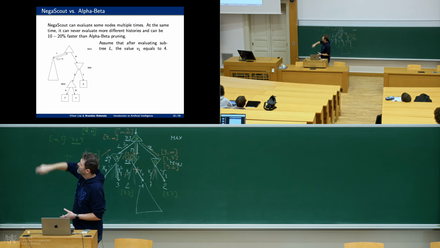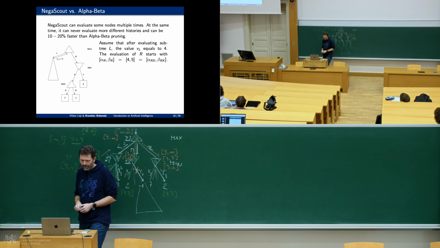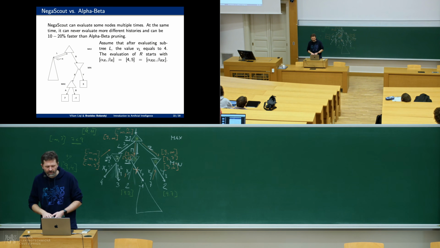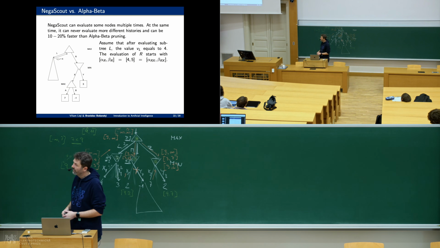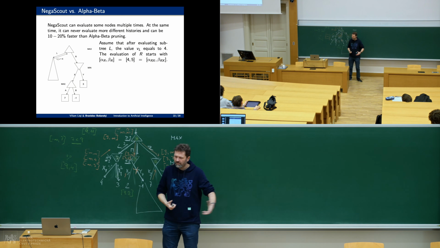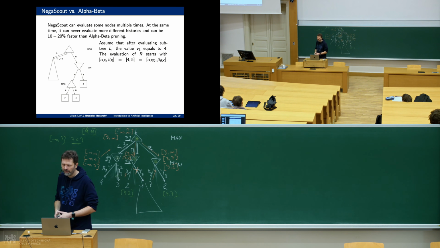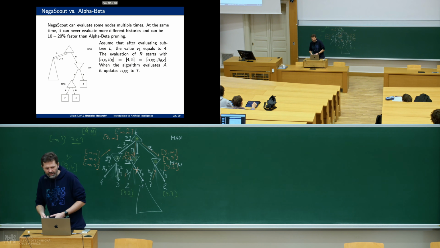So for the subsequent call for evaluation of the right subtree, the algorithm modifies the interval to 4 and 5. So 5 is the artificial bound that the algorithm sets. For alpha beta, that would be 4 plus infinity, but for Negascout, it's 4, 5.